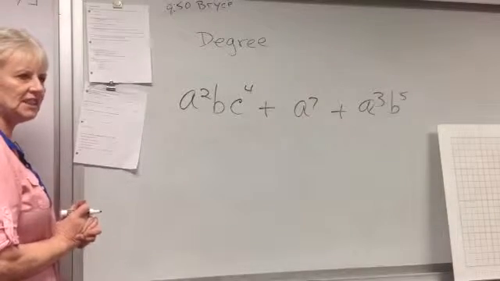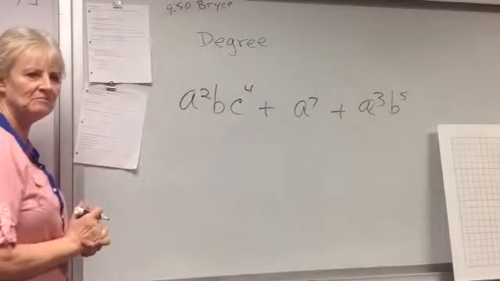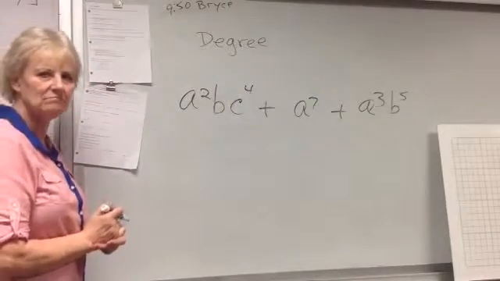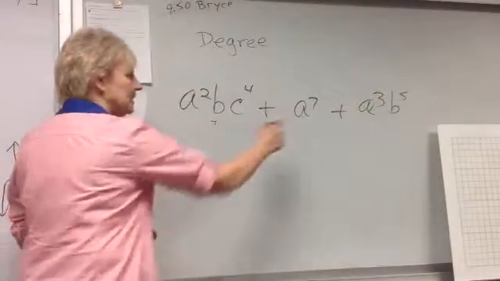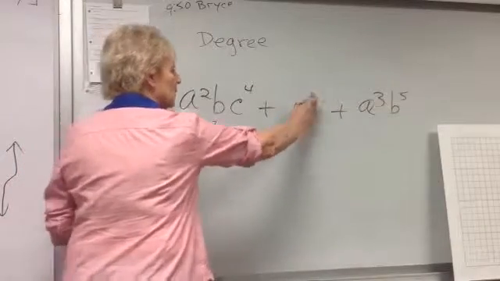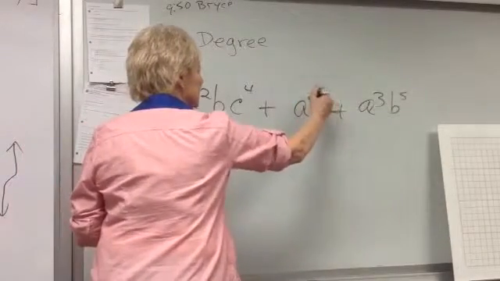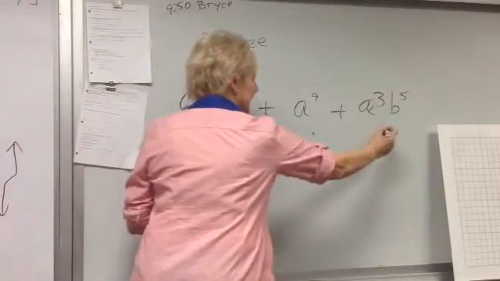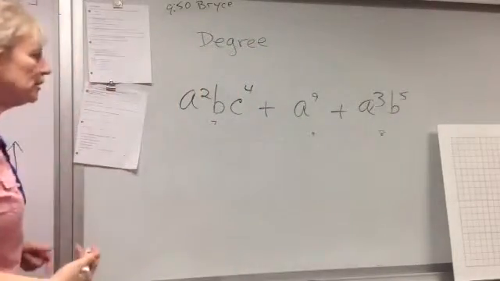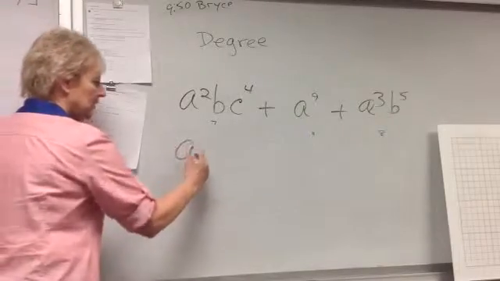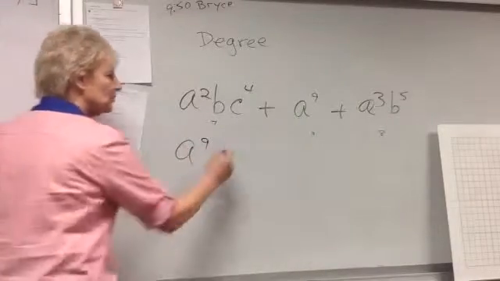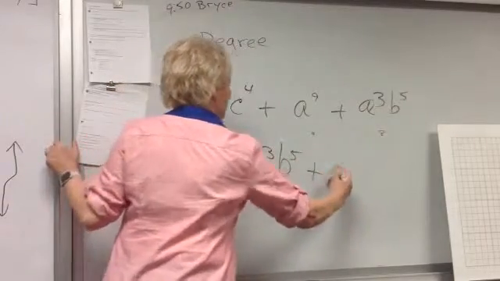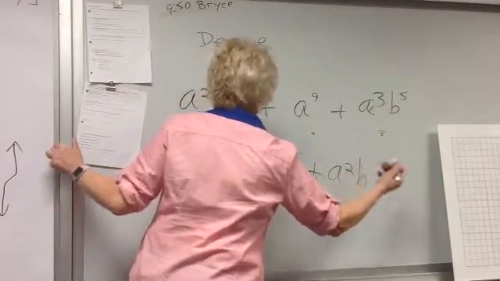It is not 6. 7. Oh, B is 1. True. That's where you'll mess up. So that one has a 7. 9. 8. That's 8 and 8. So, in order of greatest degrees, that would go first, that would go second, and that would go third.